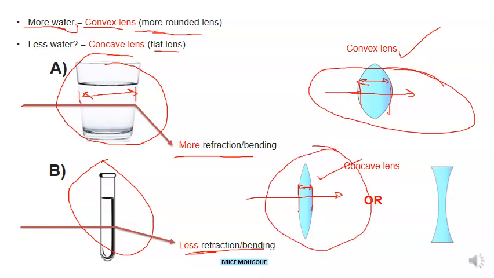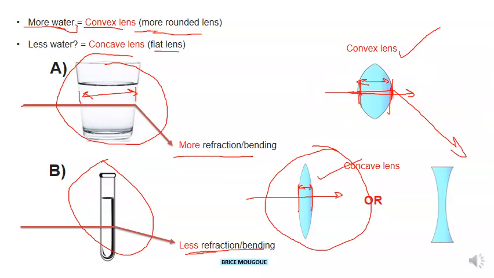By now, we should be comfortable enough to understand that a convex lens, because it presents more water in the path of light, will cause more refraction, more bending.